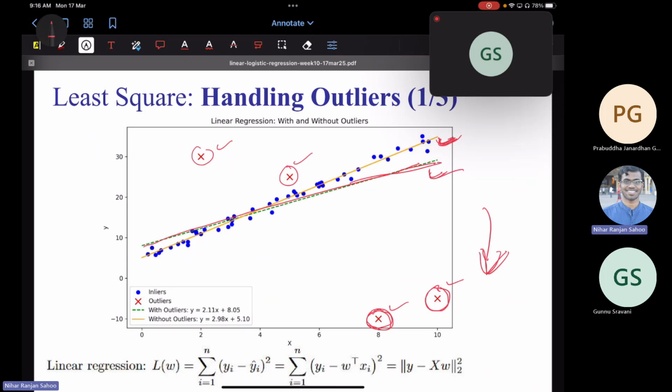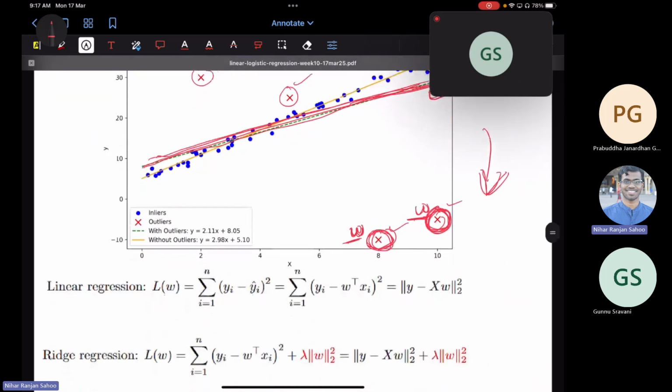Because they have very high values, they are able to get a very large W for this X. If you get a very large W for these outlier points, then the normal to this W vector, as we discussed during SVM also, will get shifted towards those data points which attract a high W value. So that's what we did with the Lagrangian in SVM also, controlling the growth of W. Exactly the same thing we'll do here.